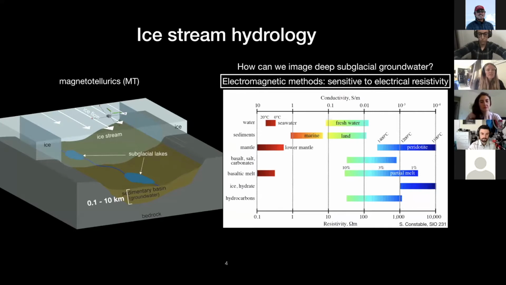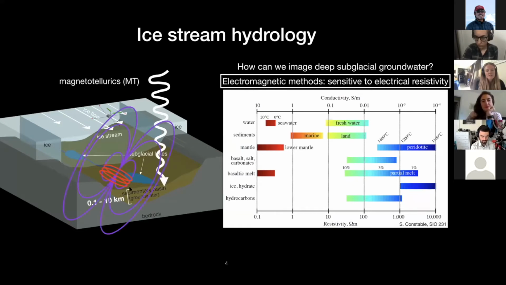In particular, today, I'll talk about an electromagnetic method called magnetotellurics, or MT. This is a passive method that basically uses naturally occurring source fields that penetrate through the ice and the underlying geology and generate secondary currents in the subsurface based on the resistivity variations.